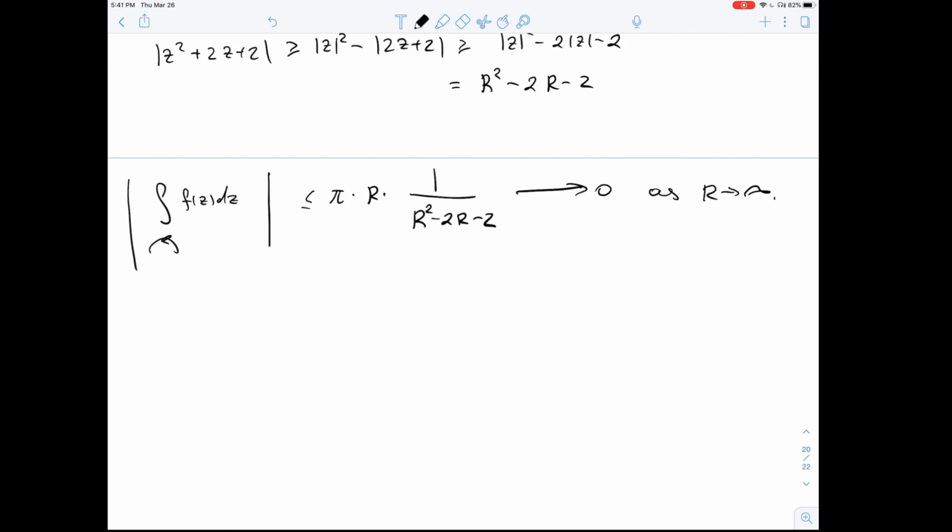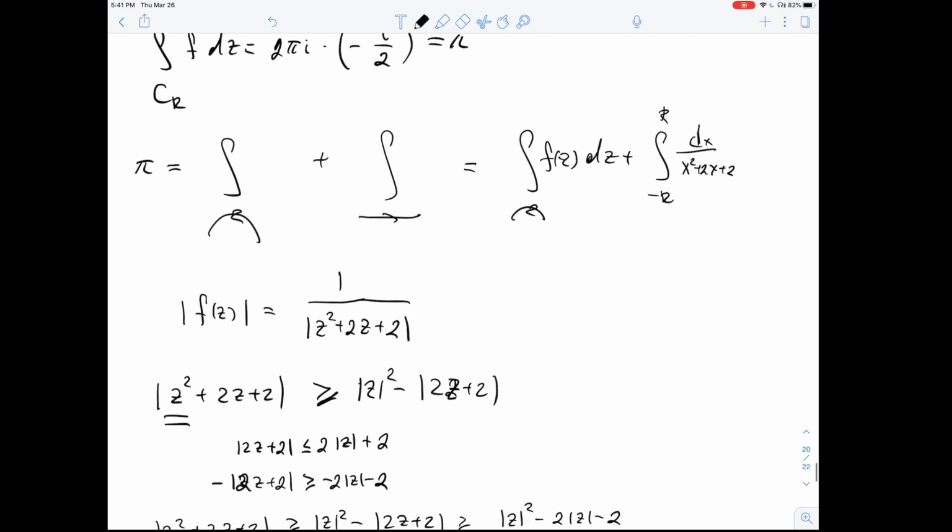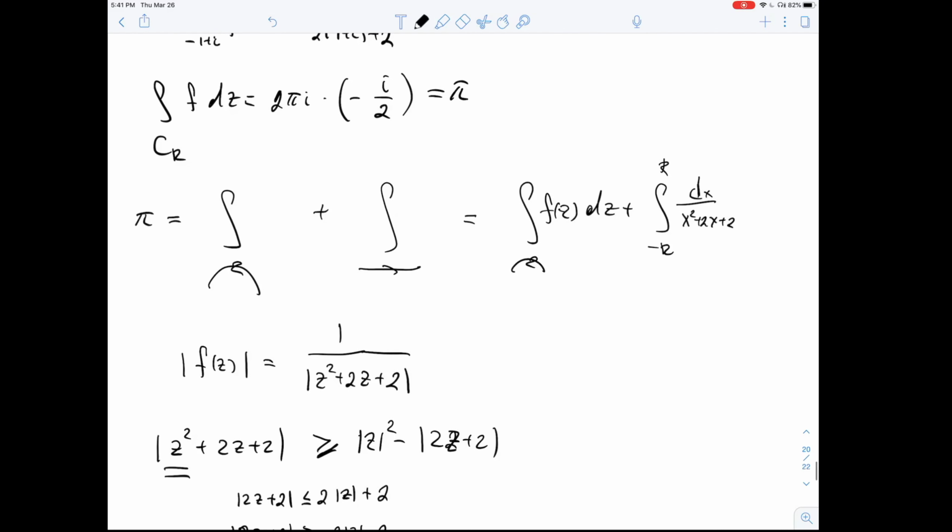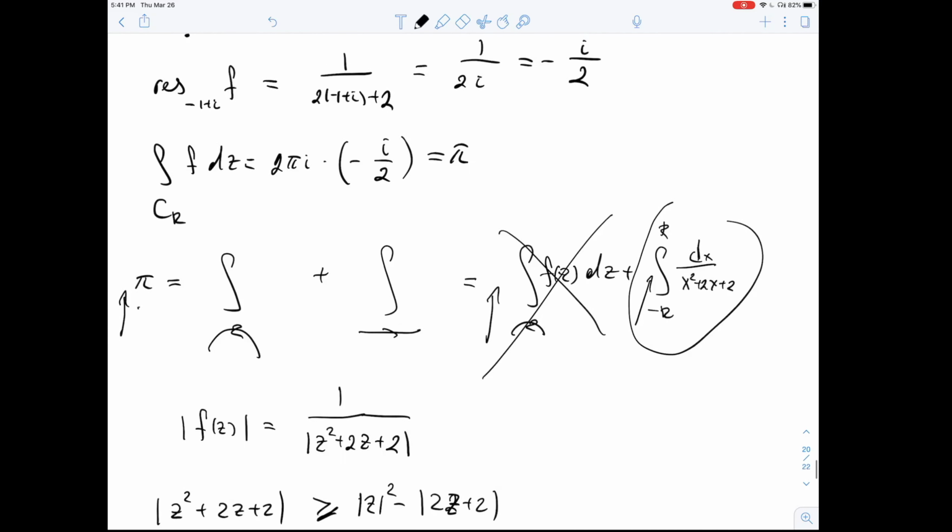So this will be it. So now we scroll back to this line. We imagine writing a limit here, a limit here, and a limit here. And this limit is what we need. This limit is 0, so goodbye. And this is still pi. So eventually the answer will be pi.